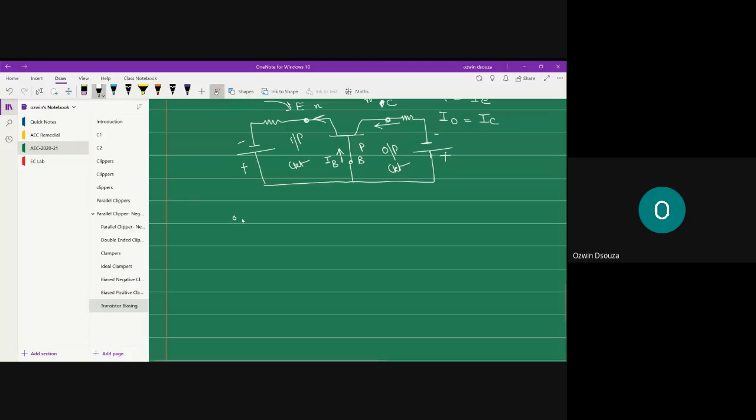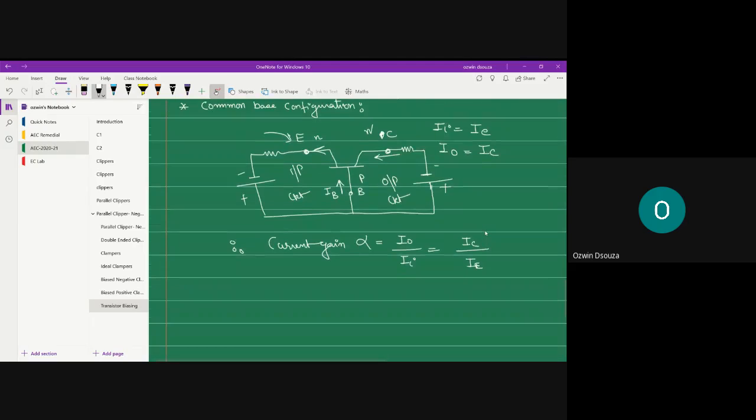So therefore, the current gain, alpha, for common base configuration, it is called alpha, is defined as the ratio of output current to the input current. Now what's the output current? Collector current. And what is the input current? Emitter current, right?